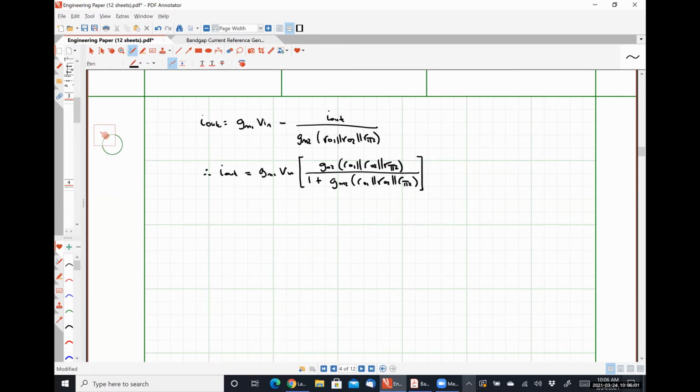This looks a little bit gnarly, but we could figure out what our short circuit transconductance is. It would just be this right-hand side divided by Vin. Nothing real wild there.